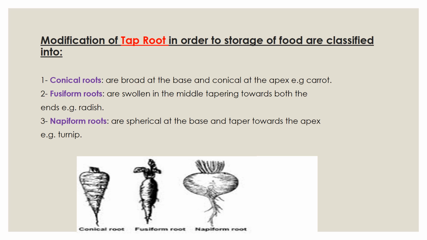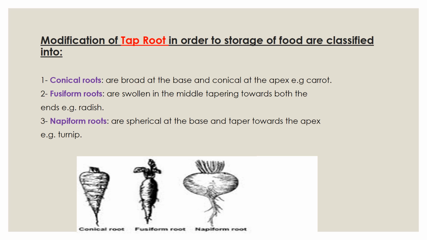Tapering means it's going to be thin. So both ends are tapering and it's swelling in the middle. An example of this type is radish, or we can say white radish.